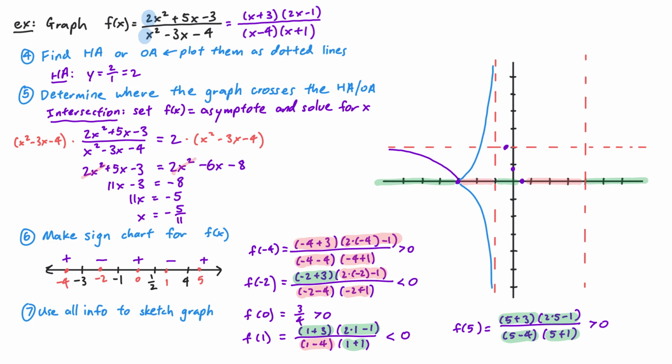When deciding the behavior at a vertical asymptote, we can always use the sign chart to help us make that decision. Now, on the interval from -3 to -1, we see that our graph is negative there. And so my graph has to be below the x-axis. It can't be above the x-axis. So it has to go down to -infinity. So let's draw our graph going down.